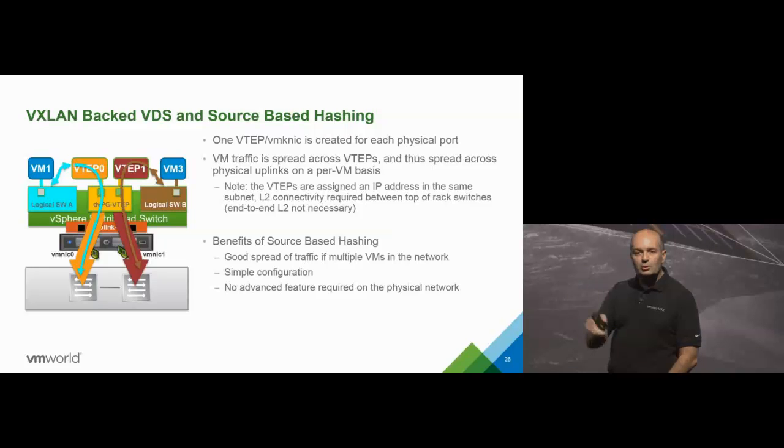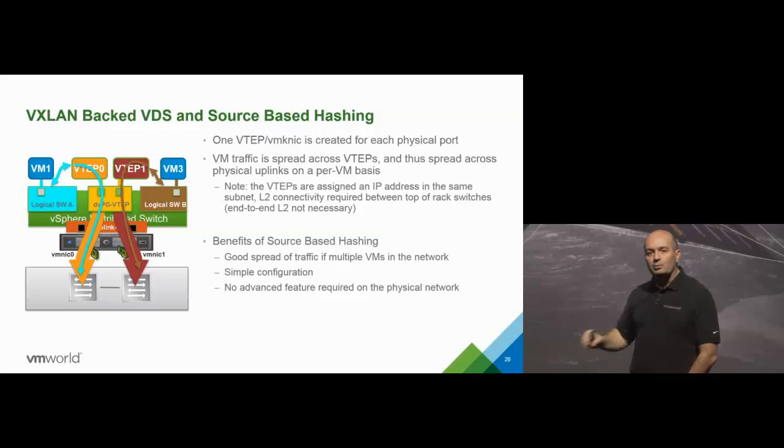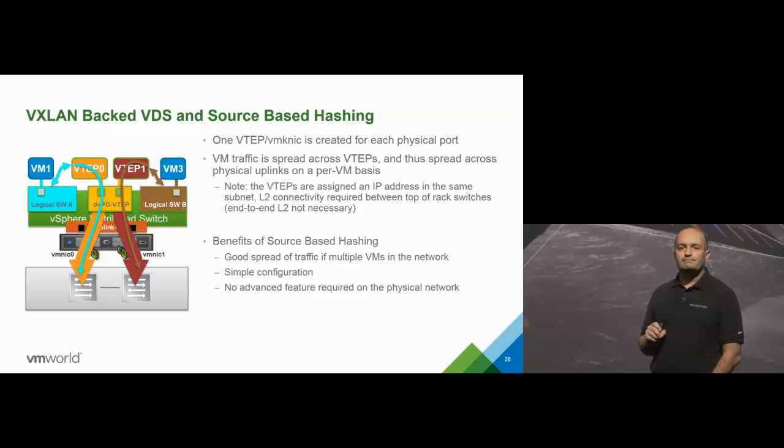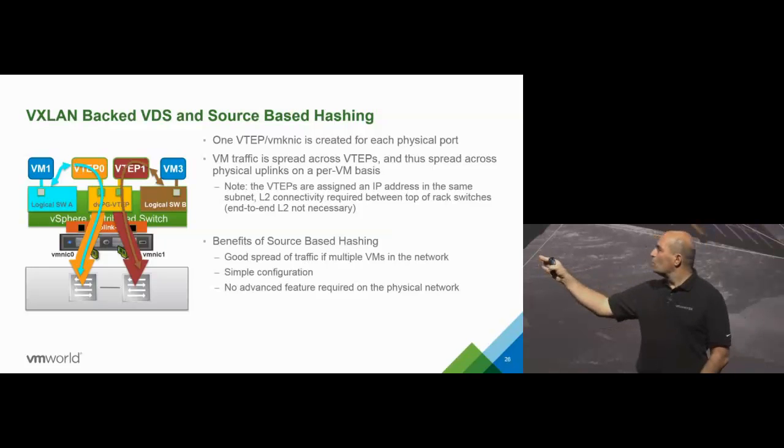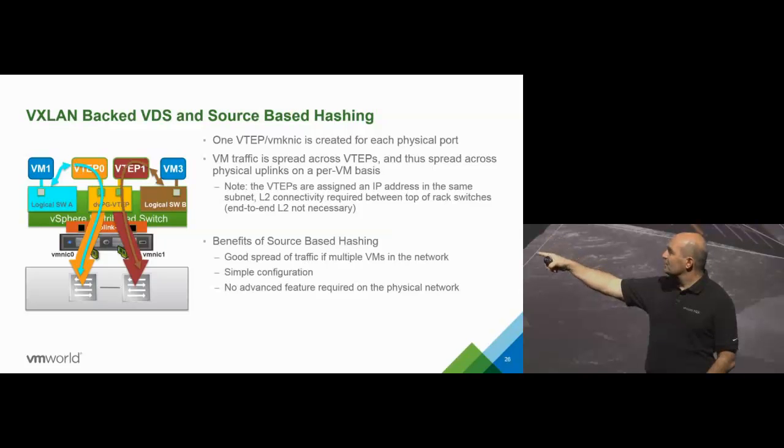And VTEP 0 will go on the left uplink, VTEP 1 will go on the right uplink, for example. So very simple. In case of failure, we're going to switch basically the VTEP itself.